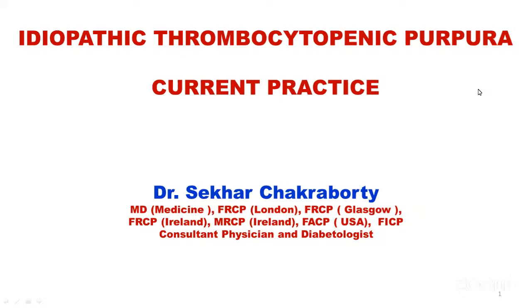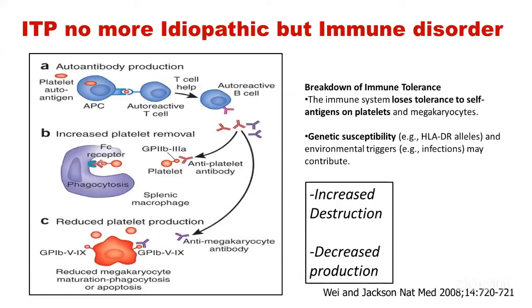So, idiopathic thrombocytopenic purpura, current practice. You know that ITP is no more called idiopathic because it is an immune disorder. So the cause is known. It is not idiopathic but immune thrombocytopenic purpura.